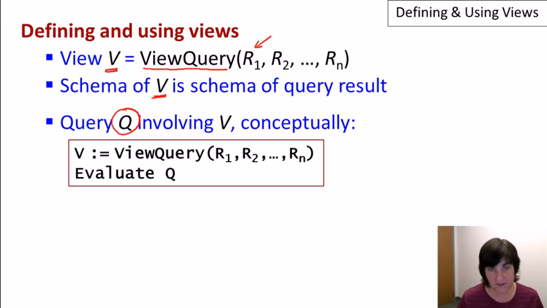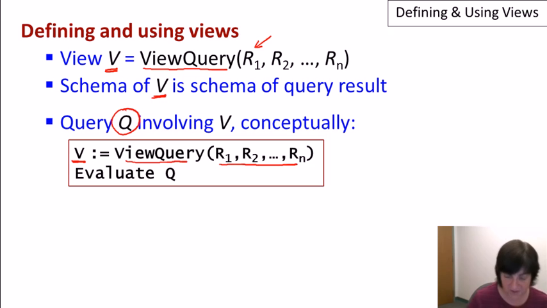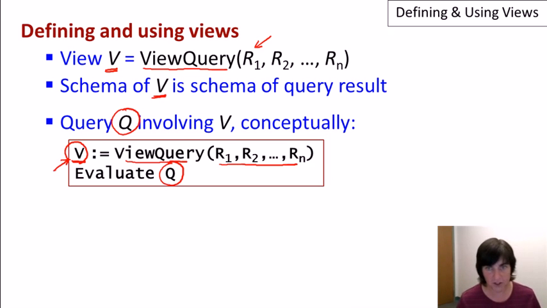So we can, once V is defined, reference it just like it's a table, and conceptually, what we can think of is V being, say, a temporary table that is assigned to the result of running the query over the current instances of R1 through Rn. So we've now populated V like it's a table, and then we evaluate Q, and we can simply refer to V as we evaluate Q. So that's what happens conceptually.